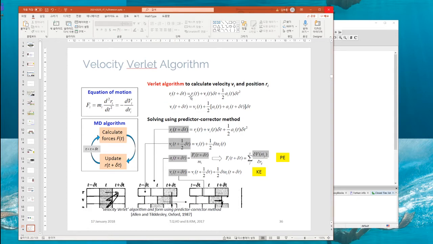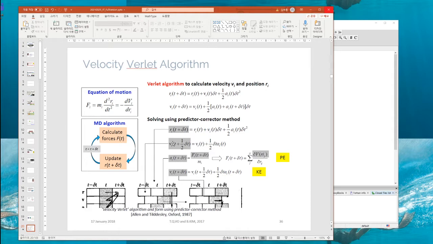So using this velocity Verlet algorithm, every position will be updated with their velocity and the acceleration, and the velocity will be updated with their previous velocity and accelerations as well. And in between, when we measure the acceleration, we need to get the force from the Lennard-Jones potential or other potential if you like to use in your MD simulations.